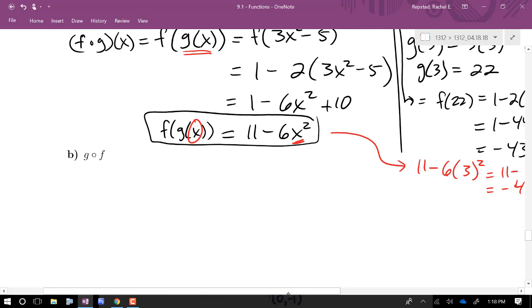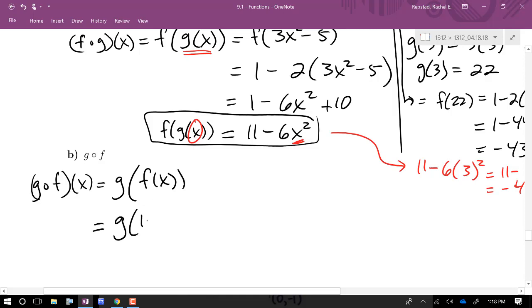So in part B, let's find the composition going the other way. Let's find G of F. Again, both functions map from the real numbers to the real numbers, which means the composition is defined in both directions, right? The F function leaves off where the G function picks up. So we want G of F of x. The F of x function is 1 minus 2x.